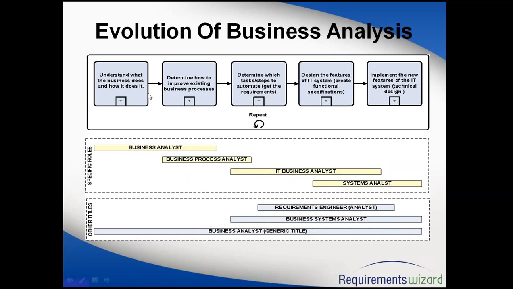So let's go here. This is what we saw a few slides back. As part of the business analysis, you understand what the business needs, what the business does and how it does it. You determine how to improve the existing processes.